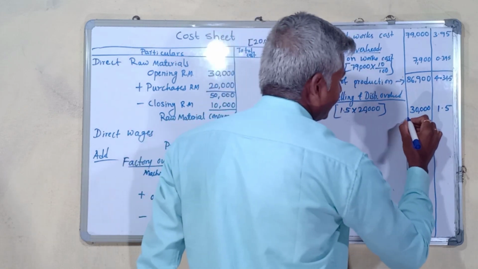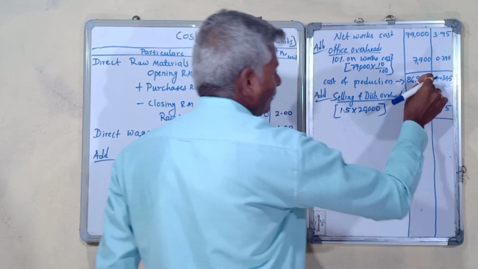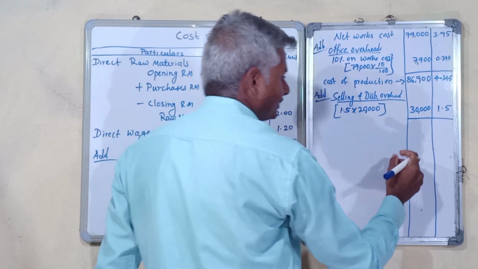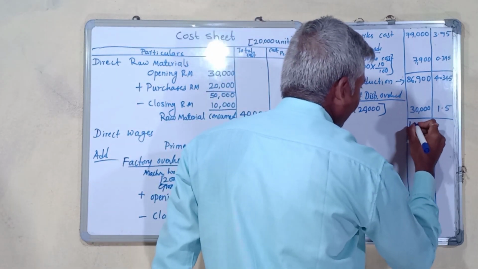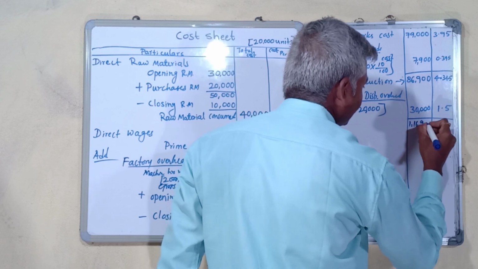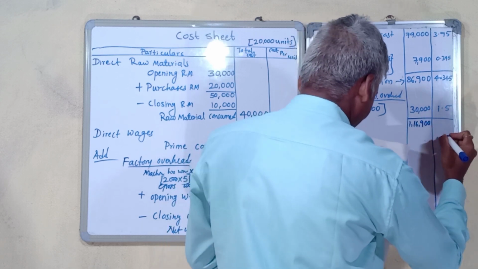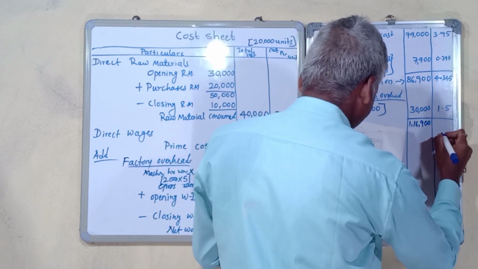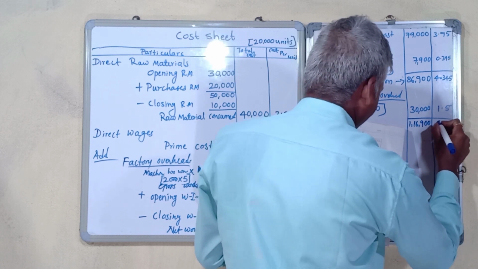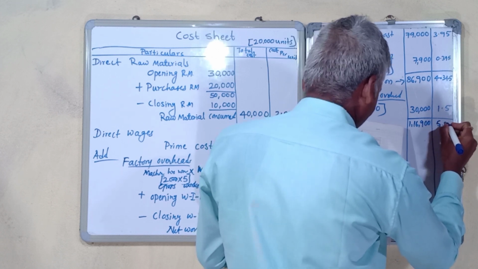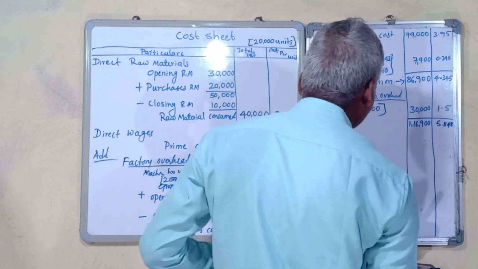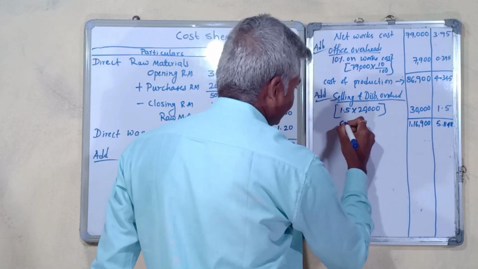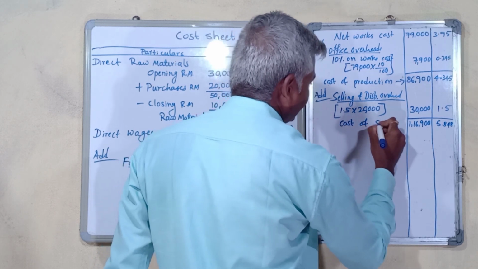Then if you add cost of production plus selling and distribution, we get around 1,16,900, and cost per unit is 5 rupees 848. This is our cost of sales.